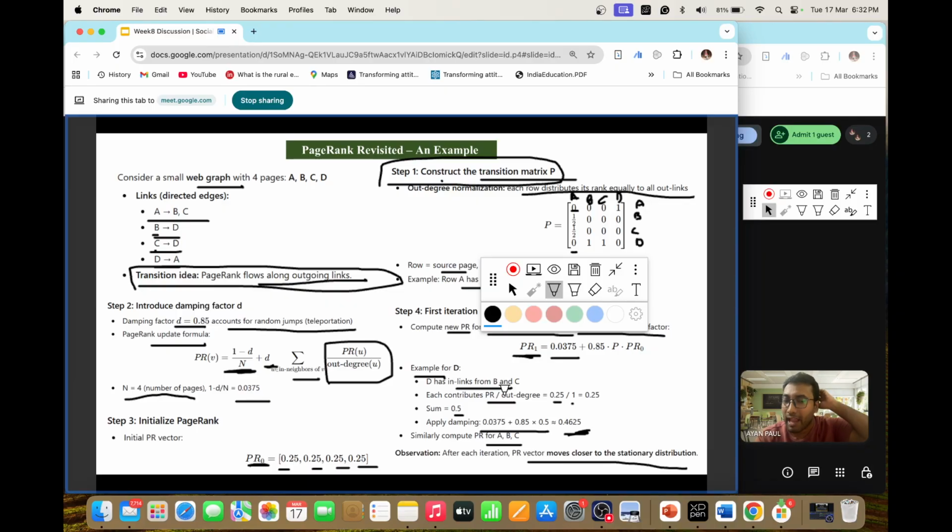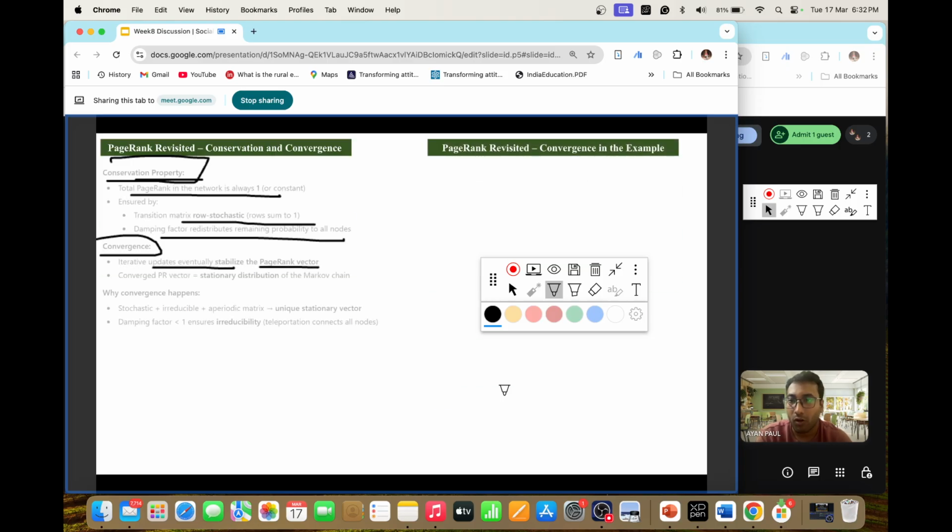For example, at the 10th iteration you have PageRank for A B C D as w x y z. Now if it stabilizes, the 11th iteration also gives PageRank for A B C D as w x y z. That is known as stabilization. So convergence: iterative updates eventually stabilize the PageRank vector, and the converged PR vector is the stationary distribution of the Markov chain.